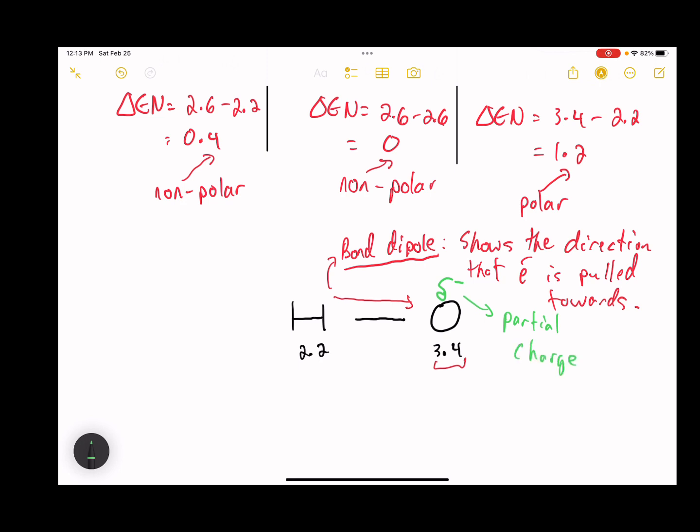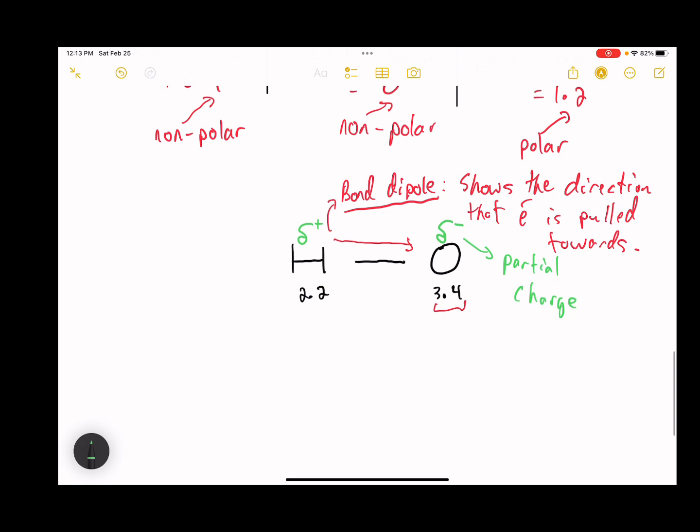Because the electrons spend more time around the oxygen, it has a partial negative, and because hydrogen almost loses its electron, it has a partial positive. We call these two symbols, along with the bond dipole, the true characteristic of a polar covalent bond.